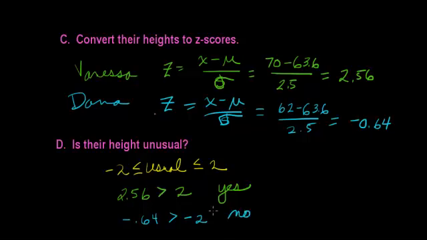So no, Dana's height is not unusual. Unusual would be all the way down to negative 2, beyond that, and she was just at negative 0.64. So this is another way we can interpret this. Once we calculate our z-scores, then if we get a number above 2 or below negative 2, we instantly know we have an unusual value.